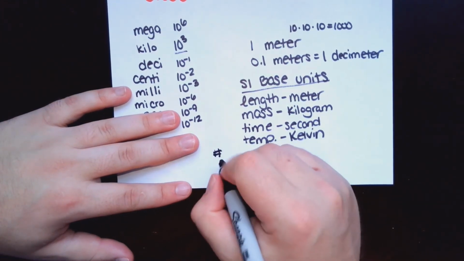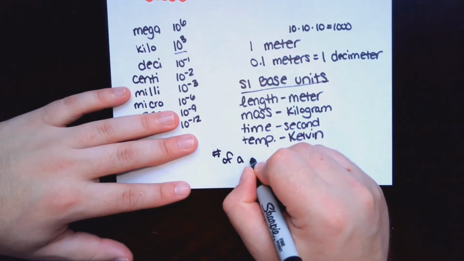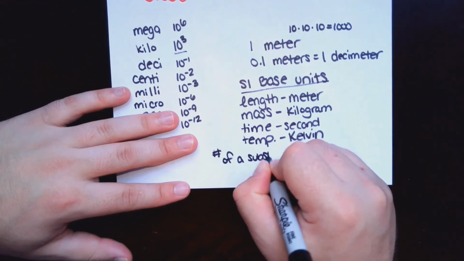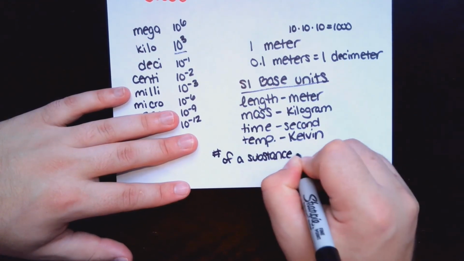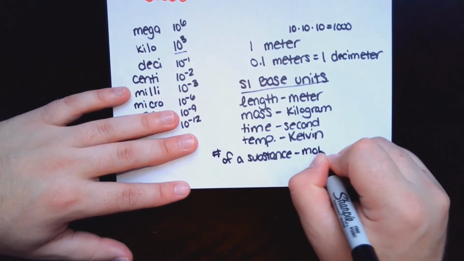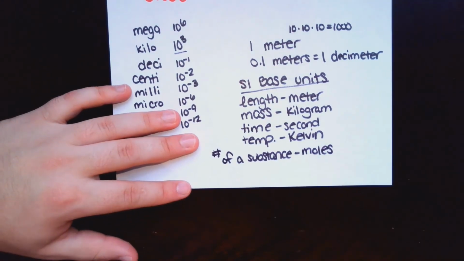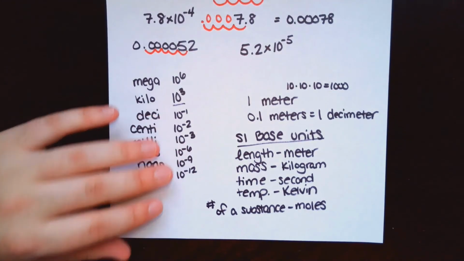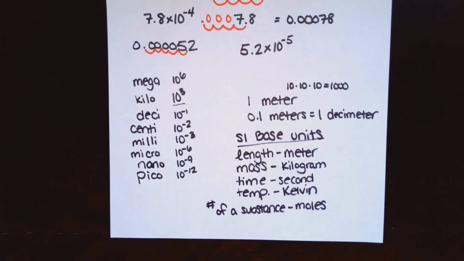And so for the number of a substance, which basically just means, like, if you're counting how much of something exists, we use something called moles. And again, that might not make a whole lot of sense now, but the mole is arguably the most important concept that you'll learn about this entire semester. So you will most definitely be much more familiar with it before too long.